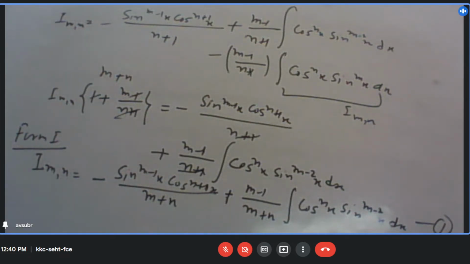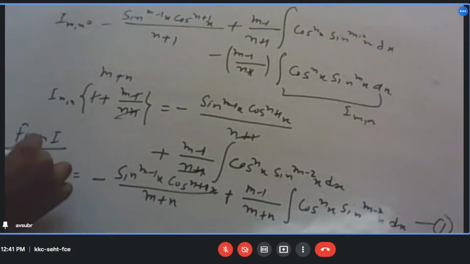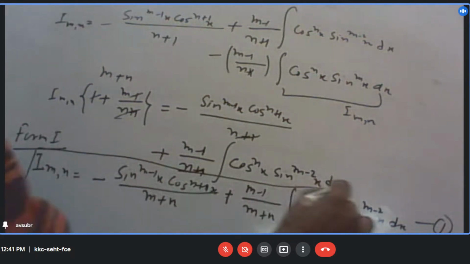So accordingly we will choose a formula. This is one of the forms of this one. We can express it in this way also. Everybody has written like this one. You can actually box it.